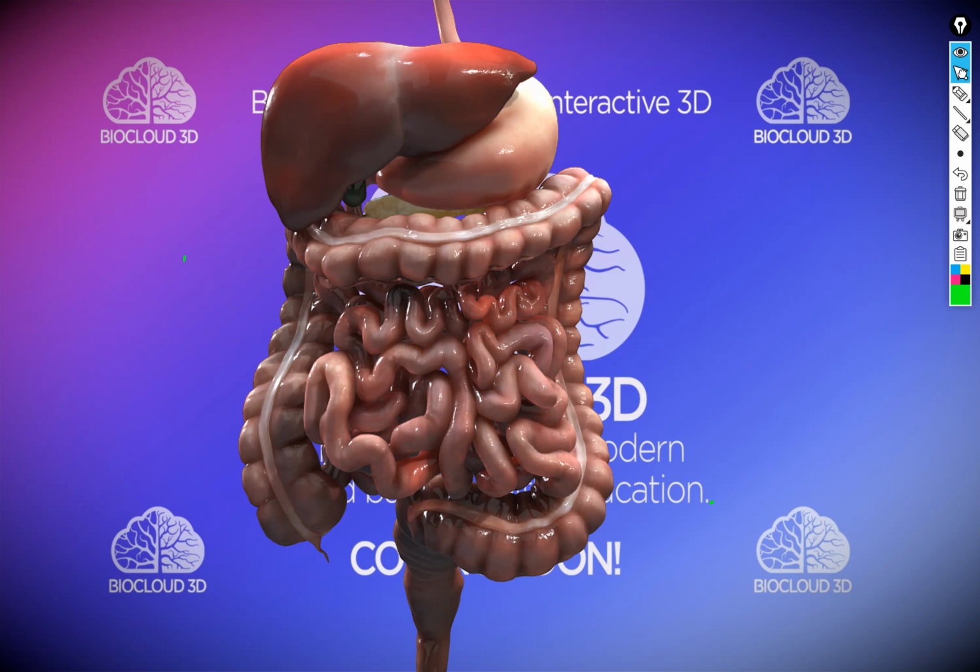So hold on, I dropped my pen. There it is. So the cutoff is more or less just straight through the mass of intestines, like so.